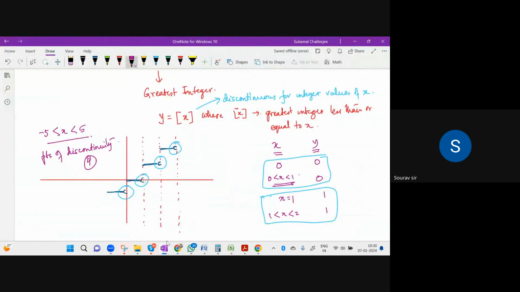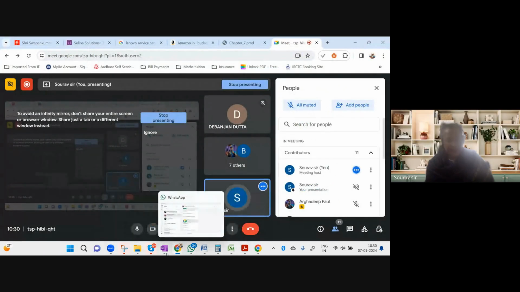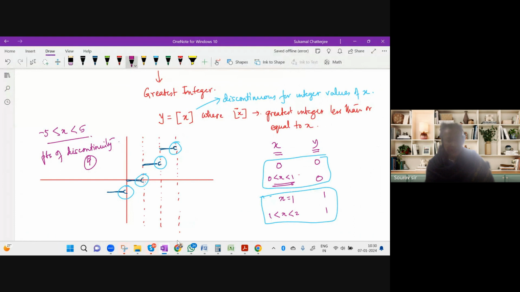So the number of points of discontinuity of this function between -5 to +5 is 9, right? Clear? Everyone got it?